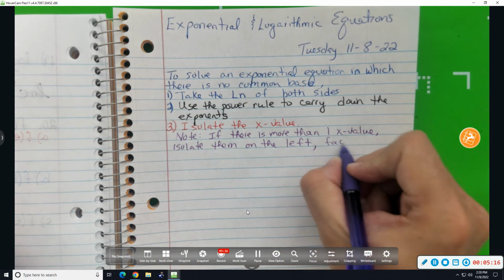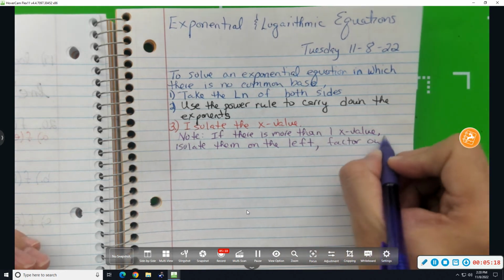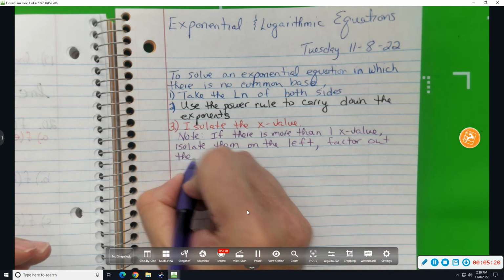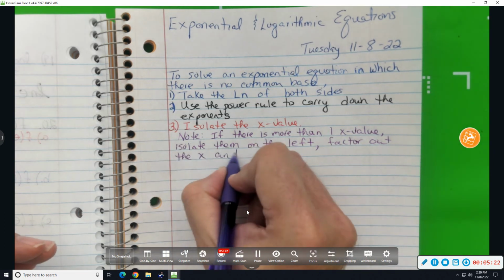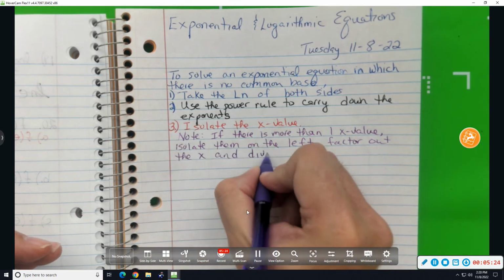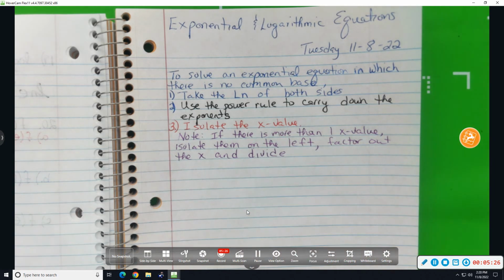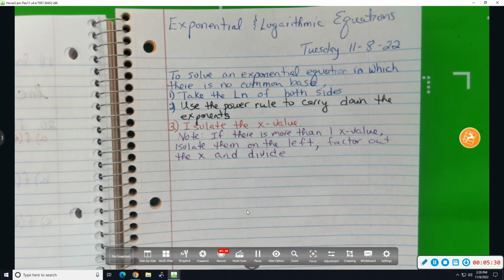Factor out the x and divide. This is a general strategy for how we'll solve exponential equations when there's no common base. If there's a common base, that's the easier way to do it.